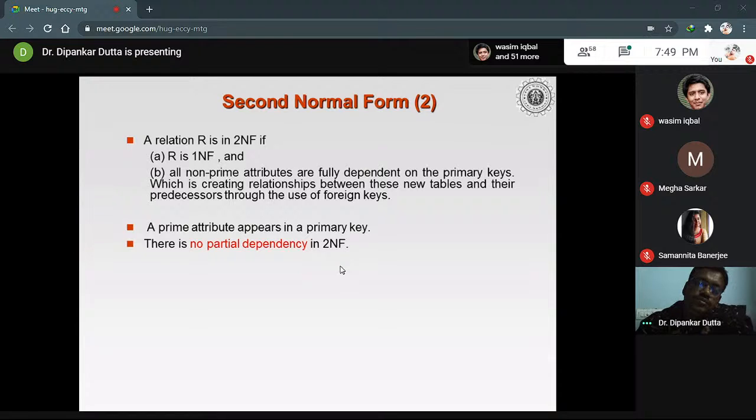Is it clear? Is it clear or not clear? Okay, I am giving an example.